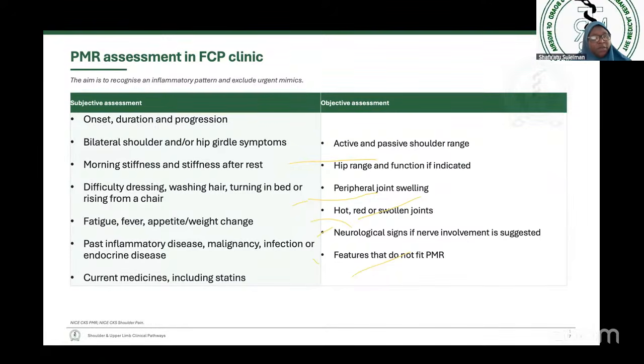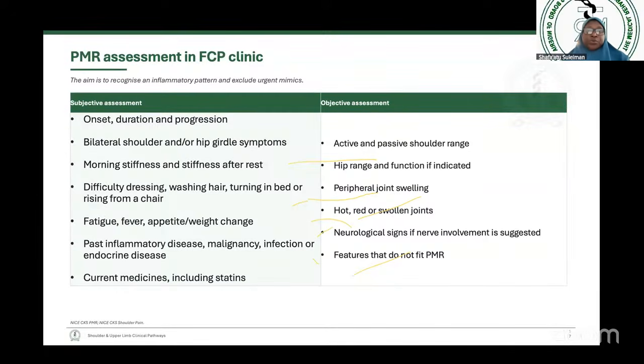Is there fatigue, fever, appetite or weight changes, and is there any past inflammatory disease, malignancy, infection or endocrine disease, and what are the current medicines, including statins? Because sometimes long-term use of statins can induce muscle ache that can mimic the symptoms of polymyalgia rheumatica, but then it's not actually polymyalgia. Then objectively, you need to assess active and passive shoulder range of movement.